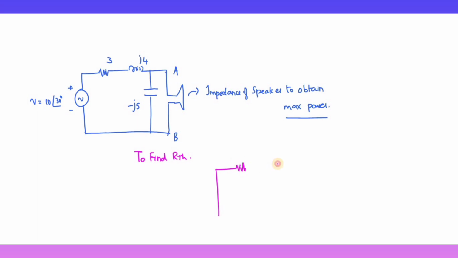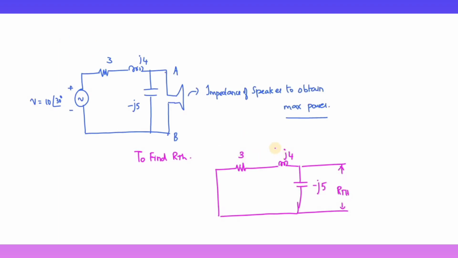So I have to short circuit this one, and its values 3, j4 and minus j5. Okay, so this is my RTH value. So in order to find the RTH value, so RTH is equal to, this is in series, so you will get 3 plus j4. 3 plus j4 is in parallel with minus j5.